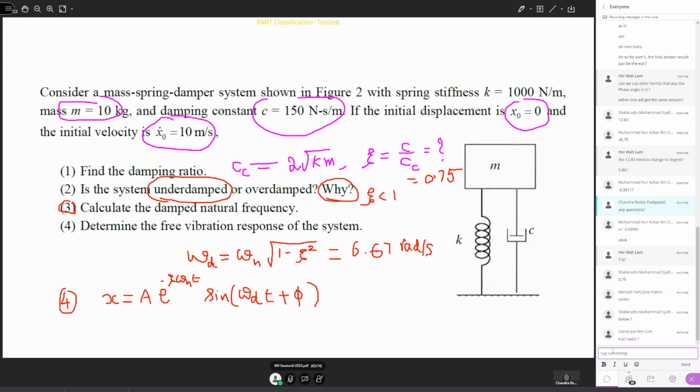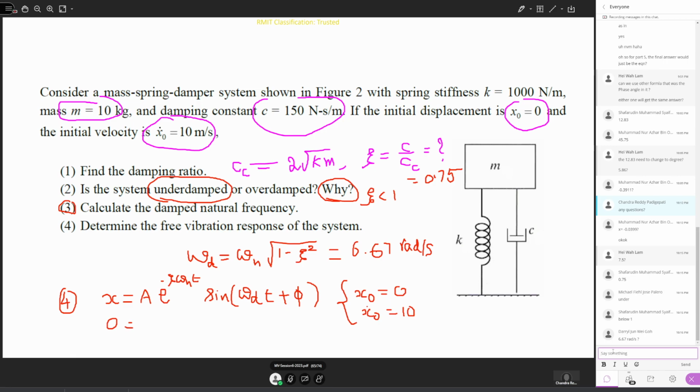The initial conditions are: at time 0, the displacement is 0, and at time 0, the velocity is 10. These are the two initial conditions. Now for the first one, when we apply the initial condition here, this will be 0.